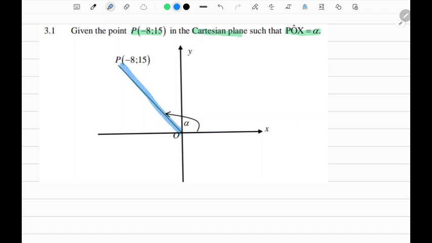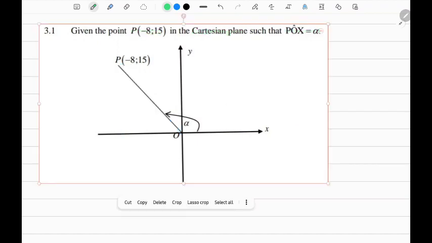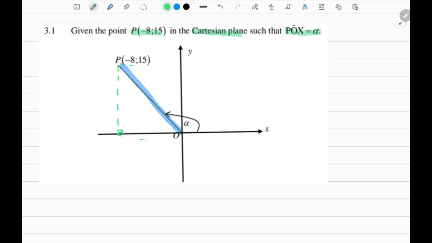We can find the length of that line by making use of these coordinates. -8 simply tells us that point P is exactly -8 units from the origin. So this here is -8, and 15 is telling us that it's 15 units above.